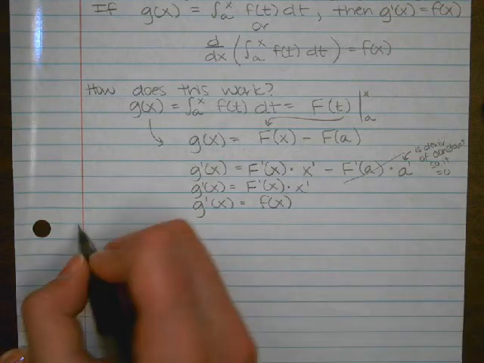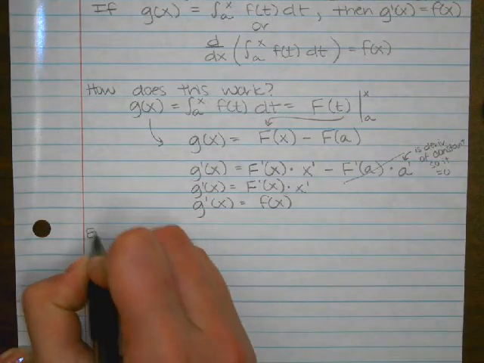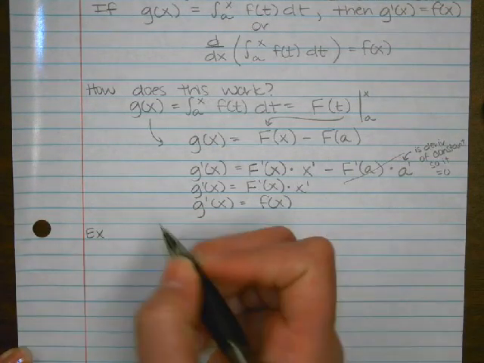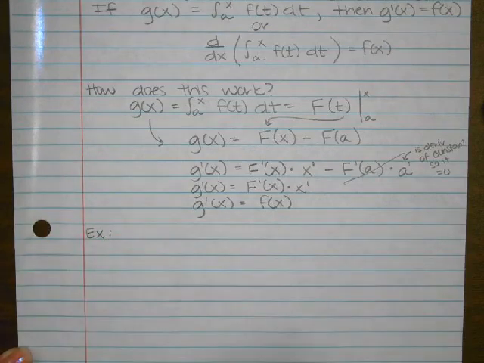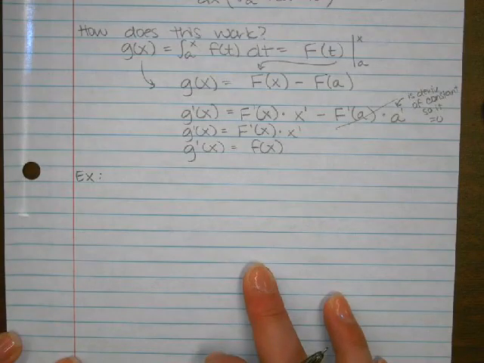There are 2 different ways the examples can be written, or problems can be asked to be done with this. So I'm going to alternate back and forth so you can see both versions.